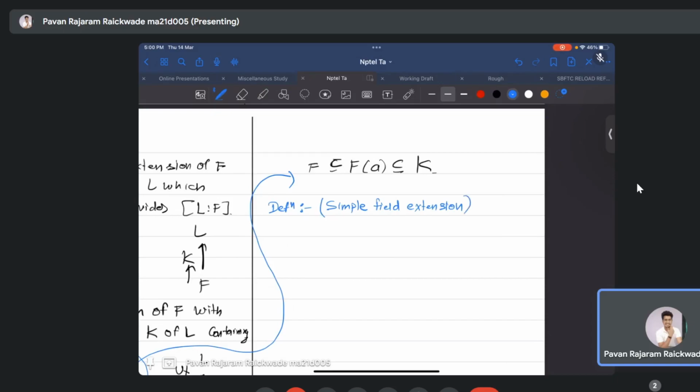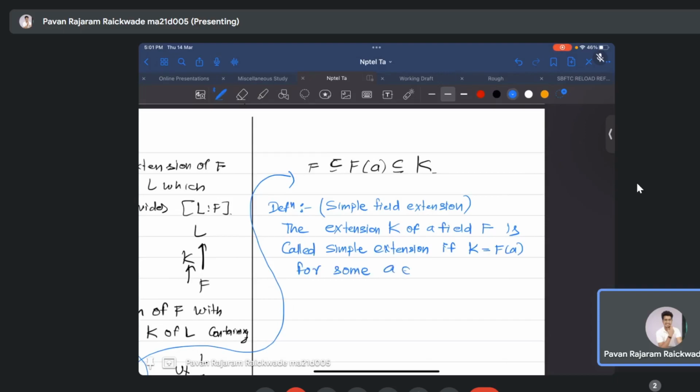The extension K of a field F is called a simple extension if the field K is F(a), for some a belonging to K.